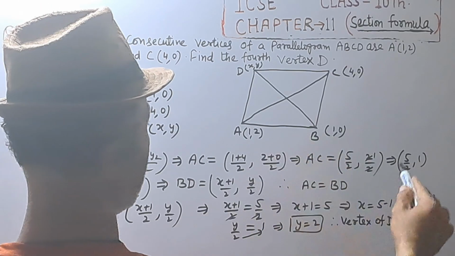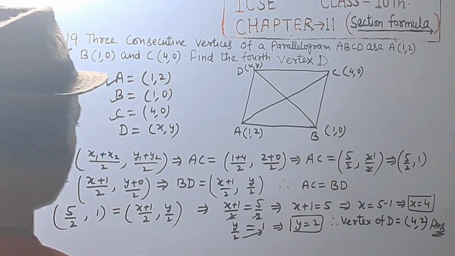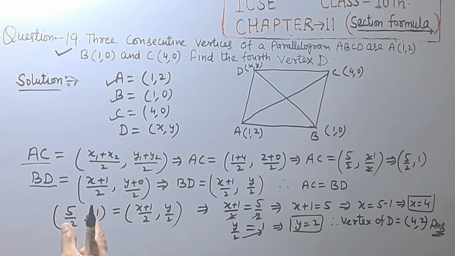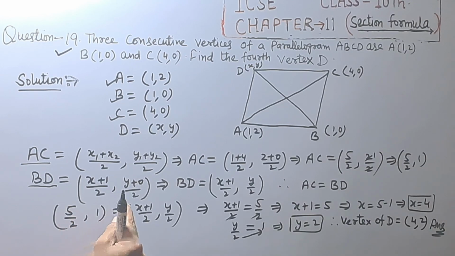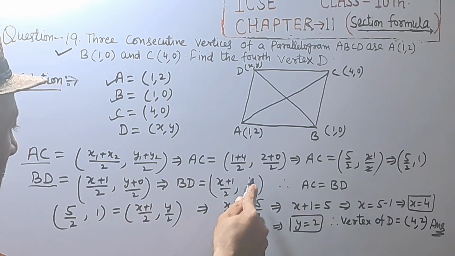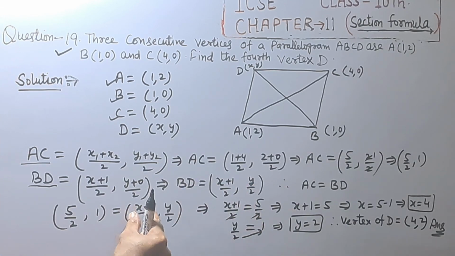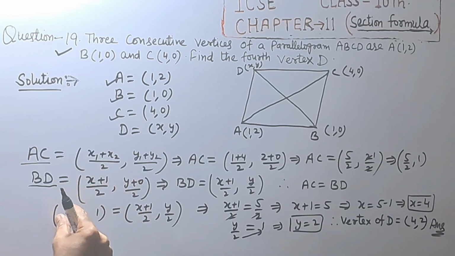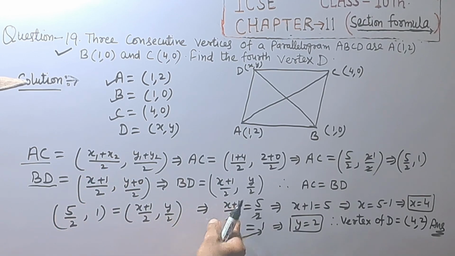So diagonal of AC is equal to diagonal of BD. Diagonal of AC, that is (5 upon 2, 1), and diagonal of BD ((x plus 1) upon 2, y upon 2).